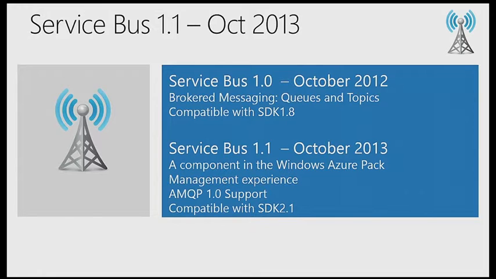We also integrated with the Windows Azure Pack, which I'll mention soon, as well as added support for AMQP. So the big news for Service Bus on-prem is that all the features available in SDK 2.1 are available on-prem, which includes AMQP support. It's a standard protocol I'll cover soon, and Windows Azure Pack.